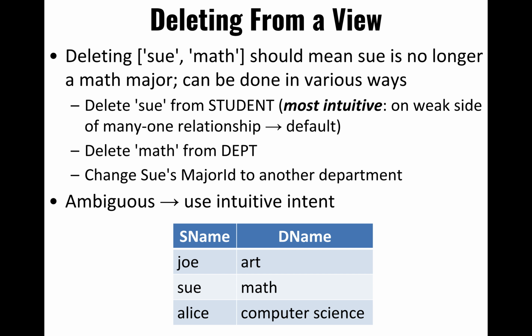Or something that might make sense would be that perhaps Joe's foreign key to the department that they are enrolled in should now be null, that they're no longer enrolled in that particular department. Or that maybe they're enrolled in some other department, but not in art. Maybe that's what it means. So there is no one real good answer on what we might want to do.